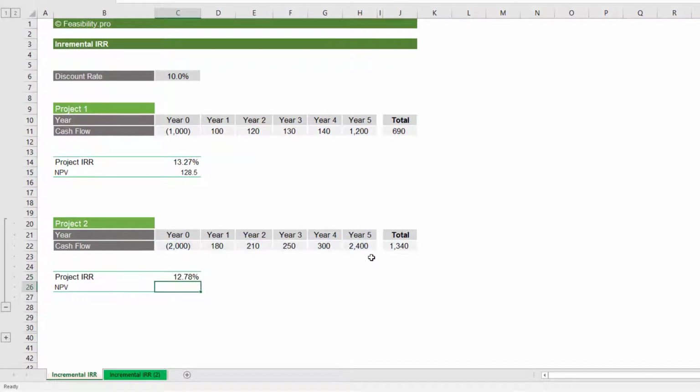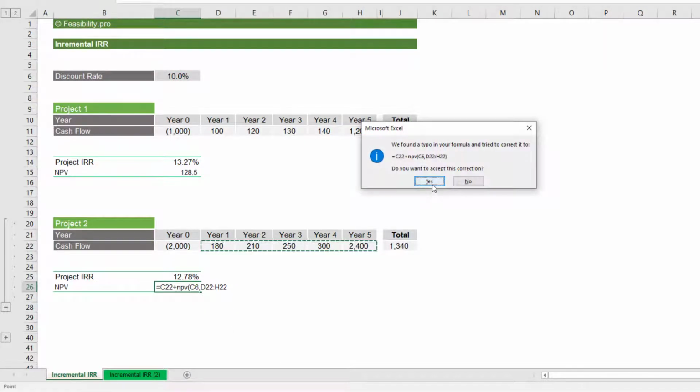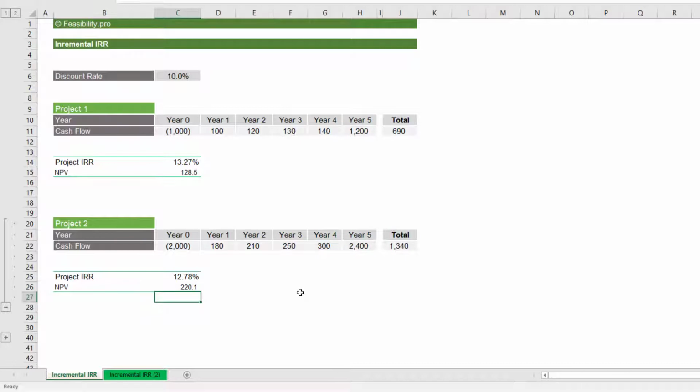So this is the IRR, 12.78%. And if you want to calculate the NPV, we can just add this one plus NPV, and the rate remains at 10%, and this is the cash flows. So it gives me 220.